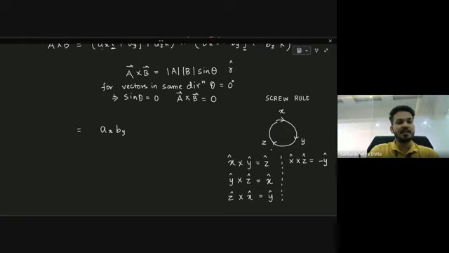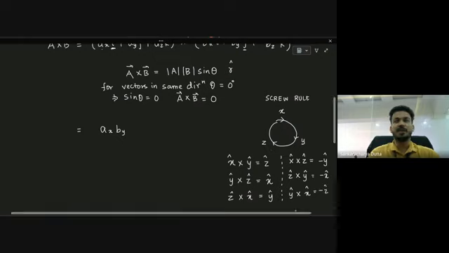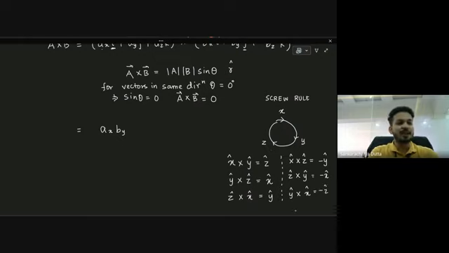If you do z cross y, you get minus x, and y cross x gives minus z. Notice how x cross y is not the same as y cross x. x cross y gives you z, but y cross x gives you minus z. So this is a shortcut trick that you can use to find out the direction.